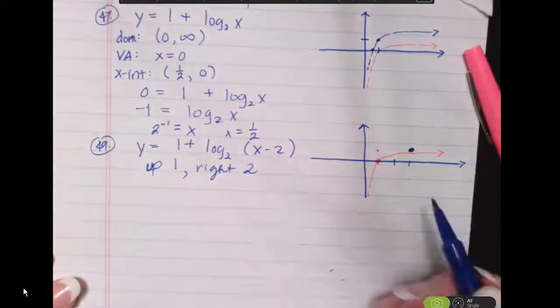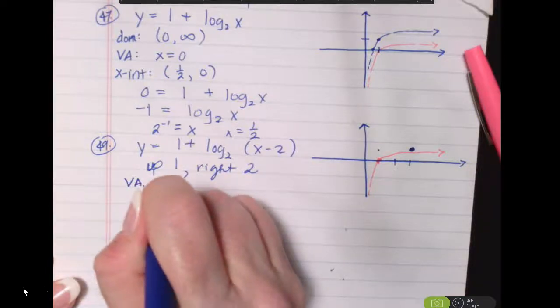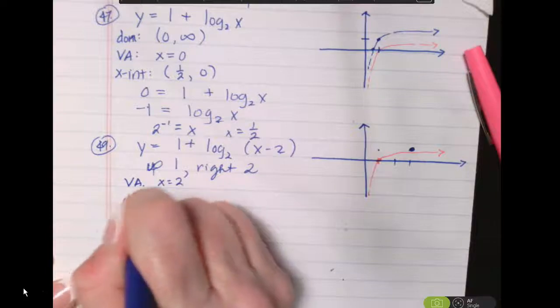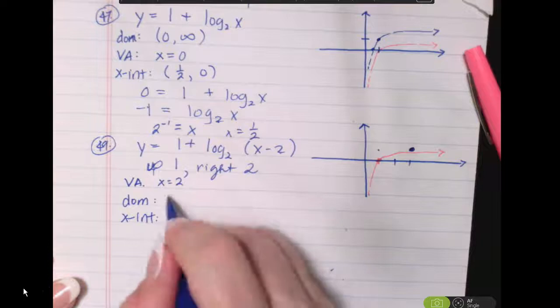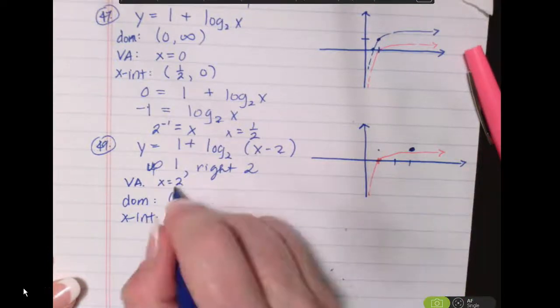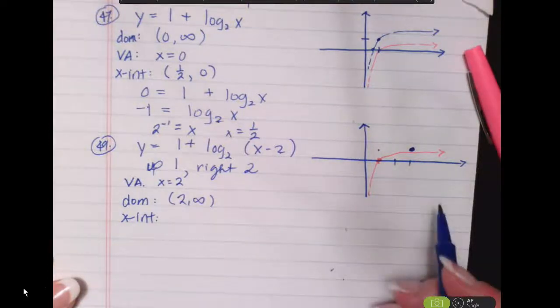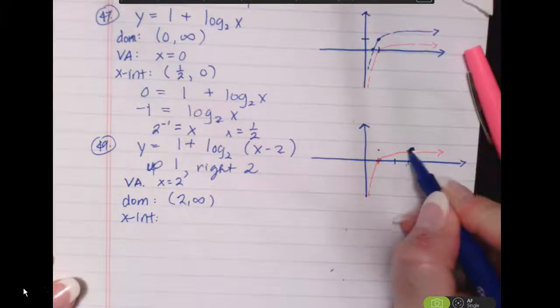Since h is 2, my new vertical asymptote is going to be at x equals 2. My domain and my x-intercept are still up for grabs. Well, my domain will start at 2 and go to infinity.